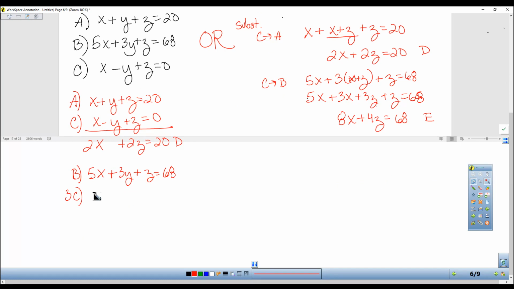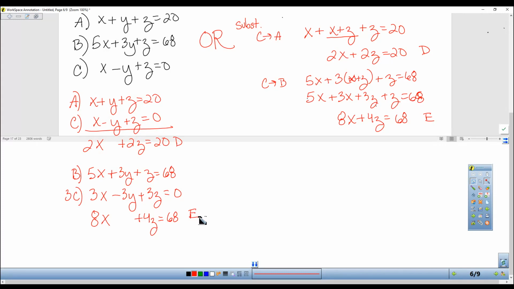And 3C would give me 3X minus 3Y minus 3Z is equal to 0. 0 times 3 is still 0. Oh, actually, this is plus. And that would give me 8X plus 4Z is equal to 68.